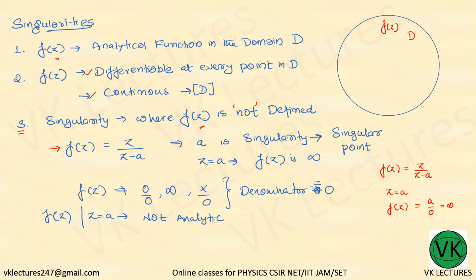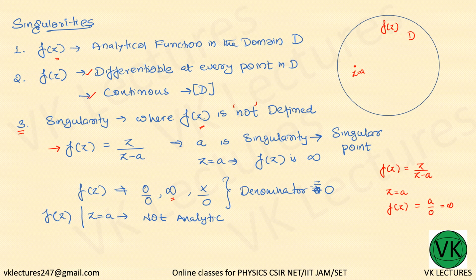At this particular point z equal to a, it is not defined. Then that particular point is called a singularity, a singular point. Where the function is not defined, the function can be 0 by 0, or the function can give infinity, or some quantity by 0. That means the denominator should be 0.